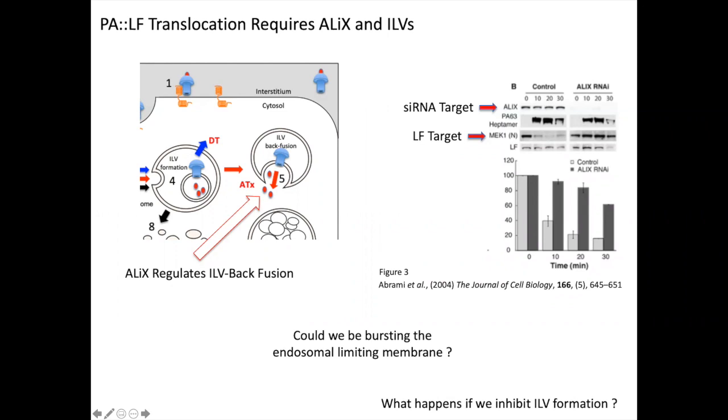You can see here the data where the target is not hydrolyzed after the siRNA knockdown of the ALIX protein. So we thought to ourselves, could we actually inhibit the formation of ILVs, because we would predict that that would have a similar effect to the siRNA downregulation of ALIX.